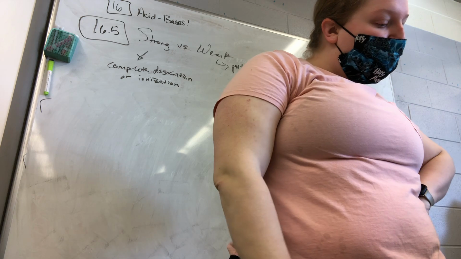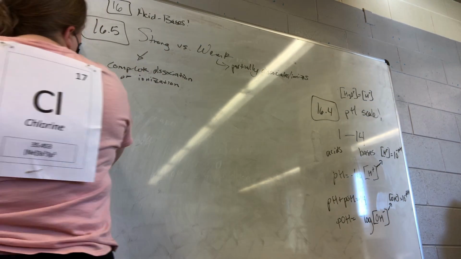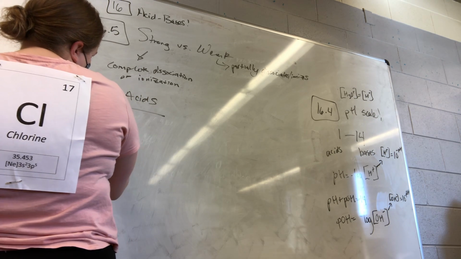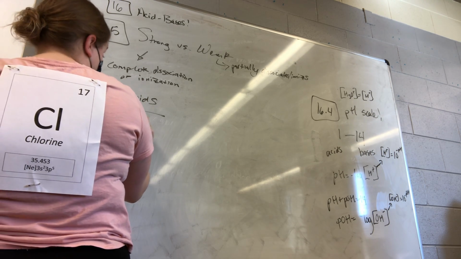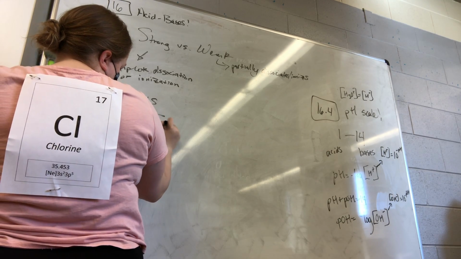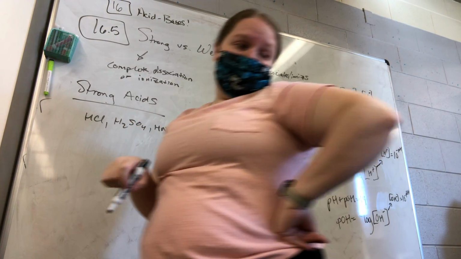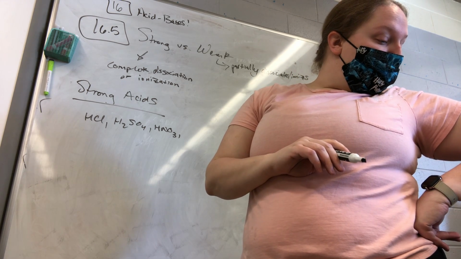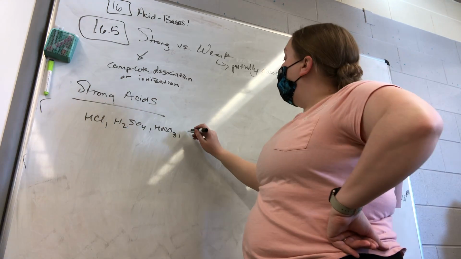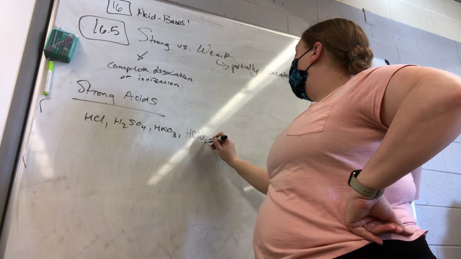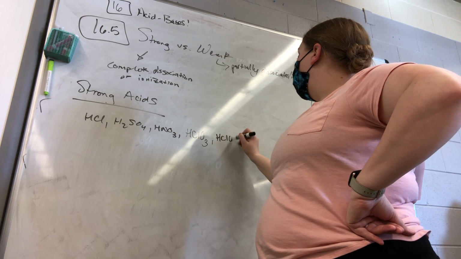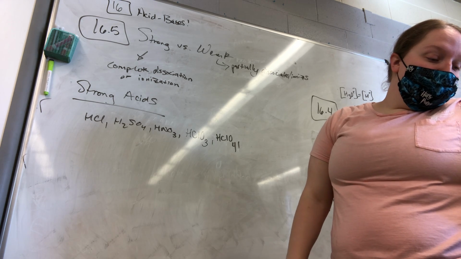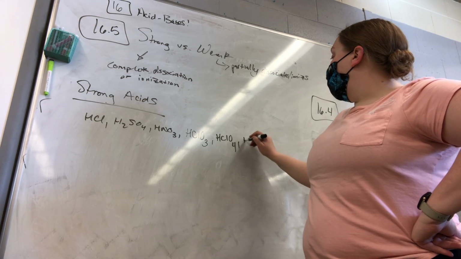The common strong acids: perchloric acid, hypochloric acid, oxy acids, HI and HBr.